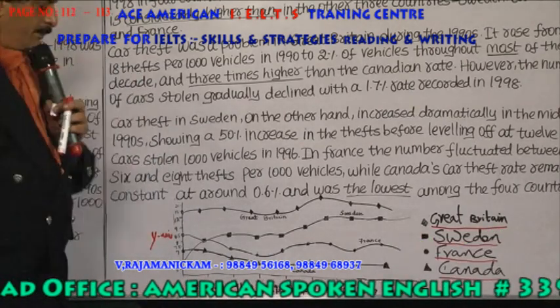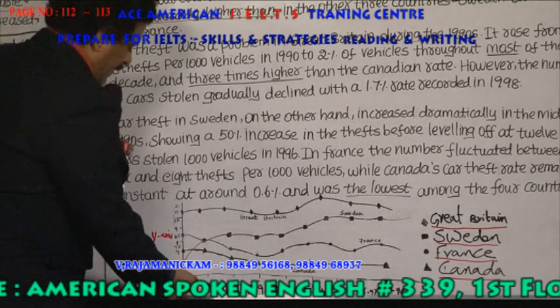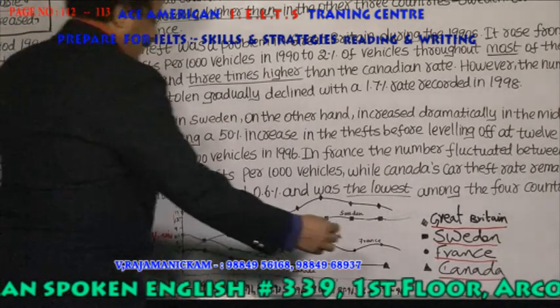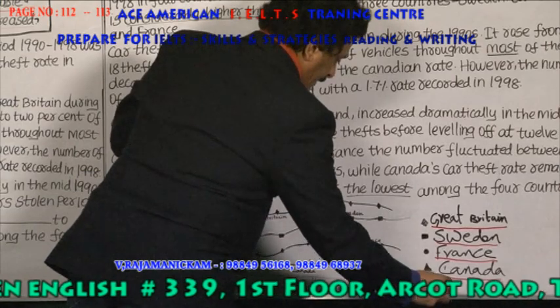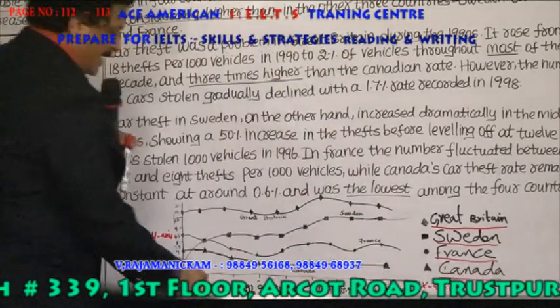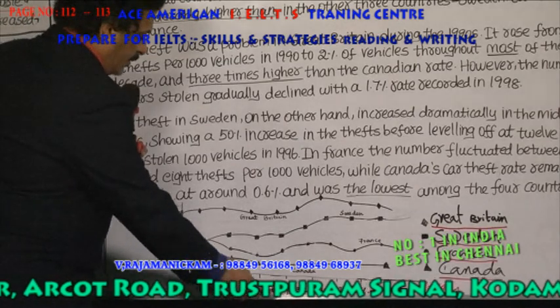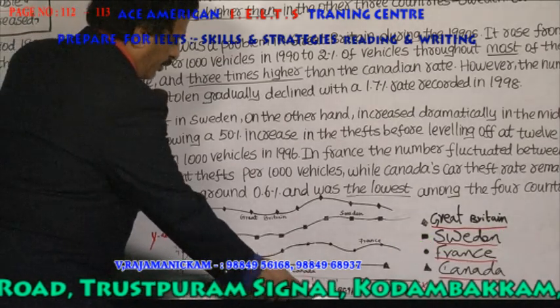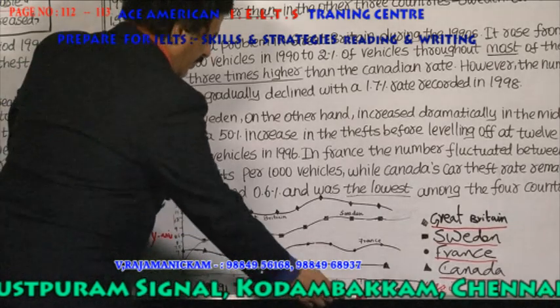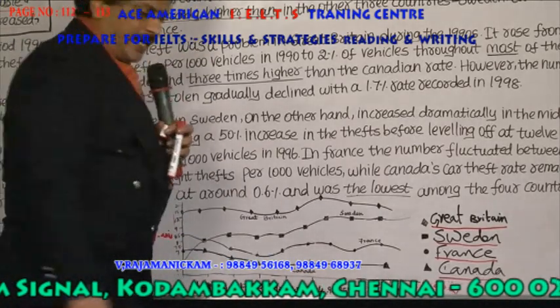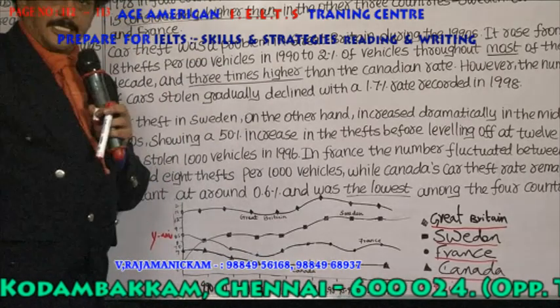Then here we have the x-axis. In the x-axis you have the years 1990 to 91, 91 to 92, 92 to 93, 93 to 94, 94 to 95, 95 to 96, 96 to 97, 97 to 98.